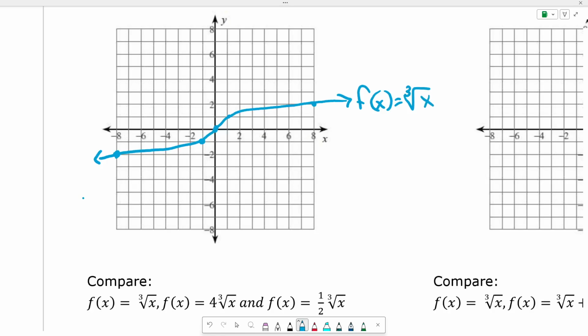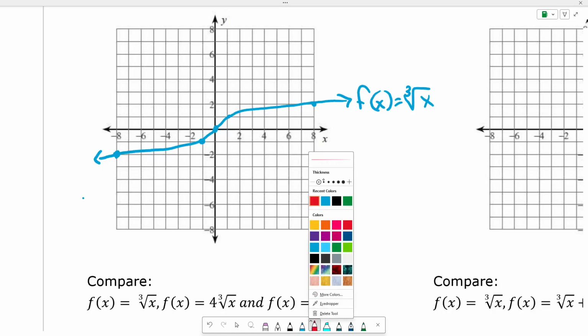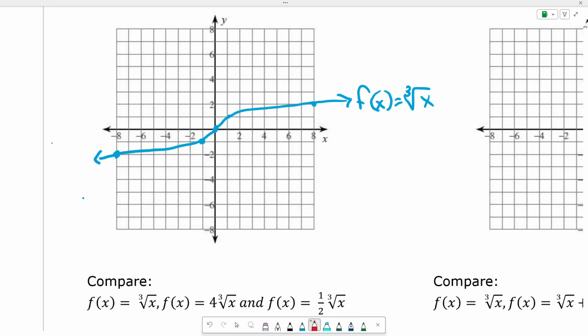Now if I do the same thing, except I multiply by 4 this time, we'll graph it with the red pen so we can see what's happening. So here, if I put negative 8 in there, the cube root of negative 8 would be negative 2, and we multiply that by 4, that gives me negative 8.